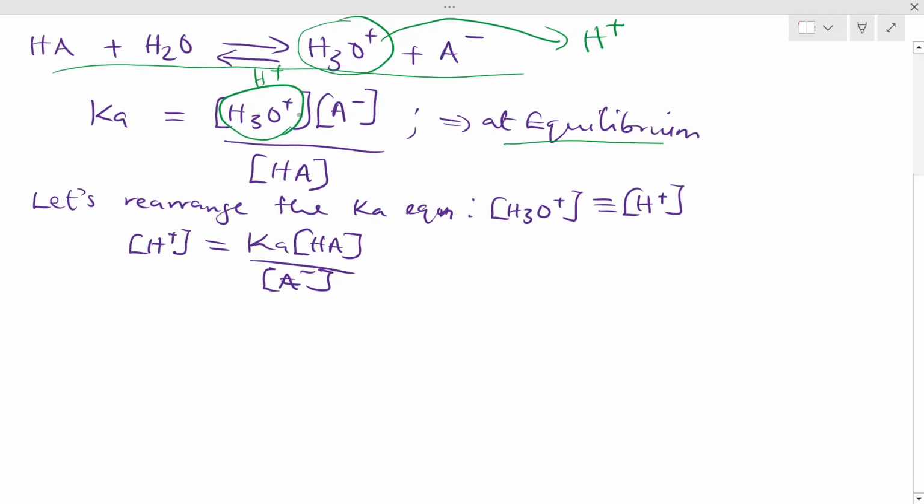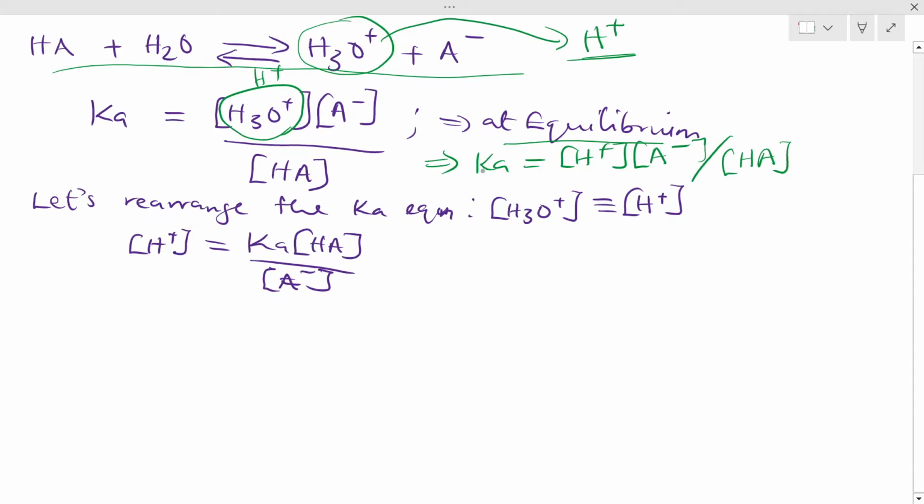So we simply rearrange this. We established that hydronium ion is equal to H plus, so the hydronium ion here is replaced by H plus. If I expand this a little bit, Ka will be equal to the concentration of H plus times the concentration of A minus, divided by the concentration of HA, which is the acid.